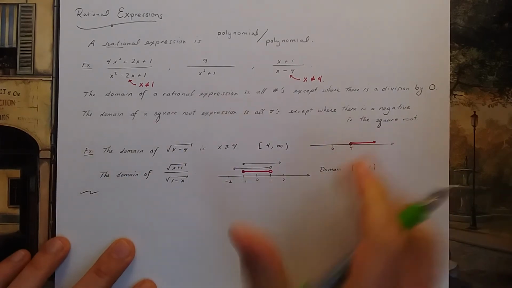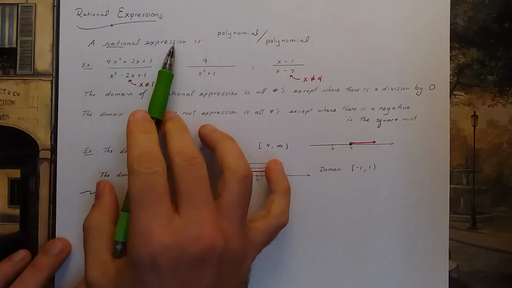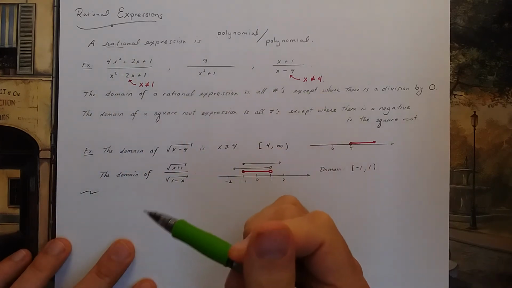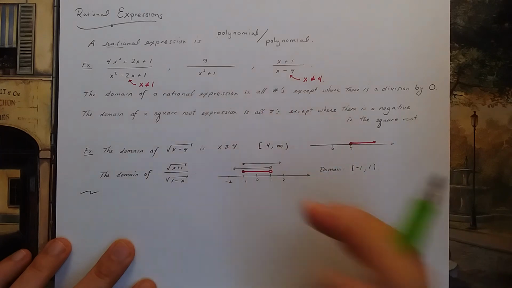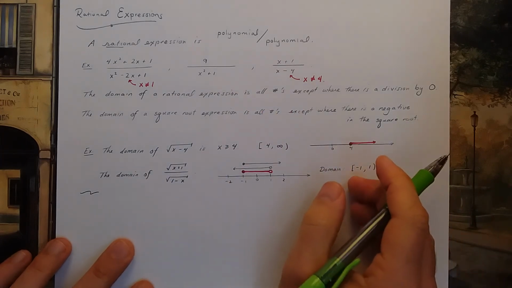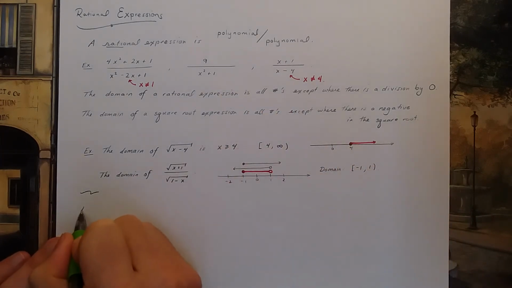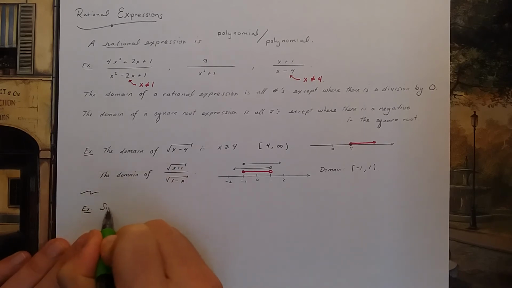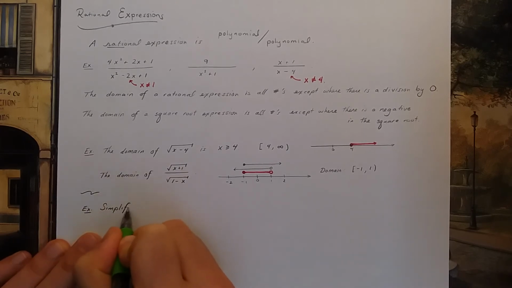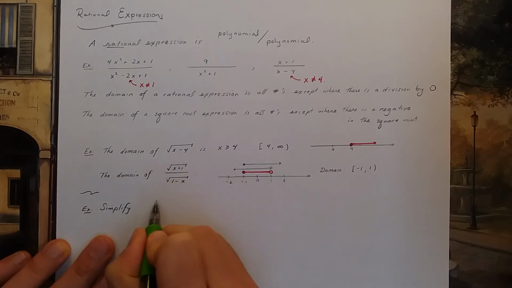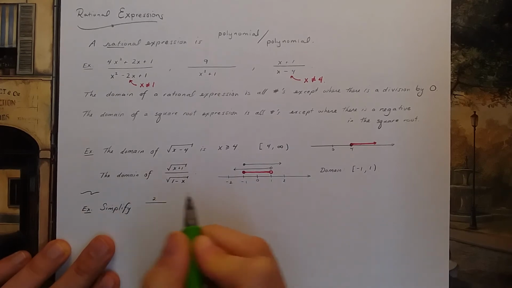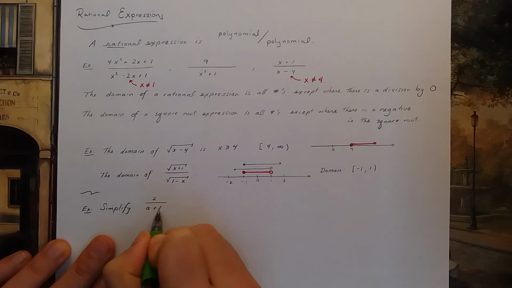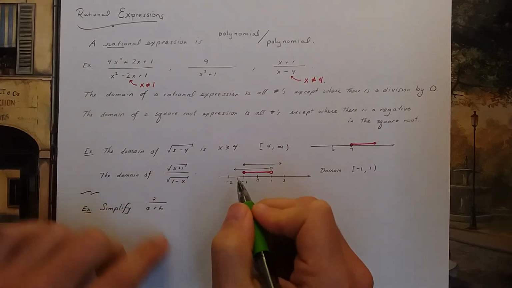Okay, this video was designed to introduce rational expressions, so I'd like to finish with one example of simplifying a rational expression. These kinds of expressions you will find if you continue on to calculus. So let's simplify this. Let's do 2 over a plus h. That's a rational expression.